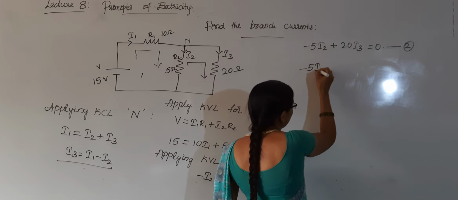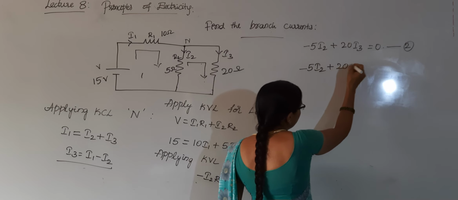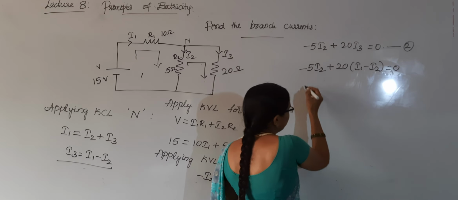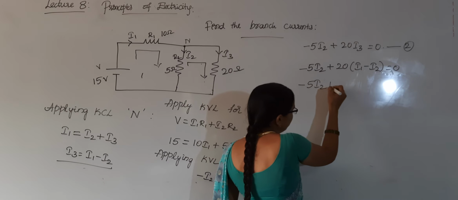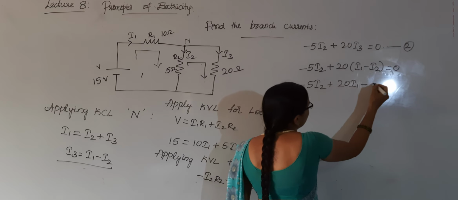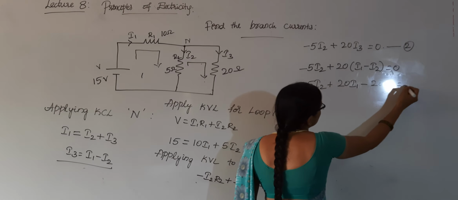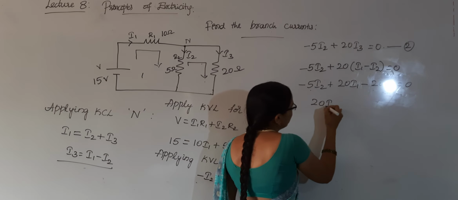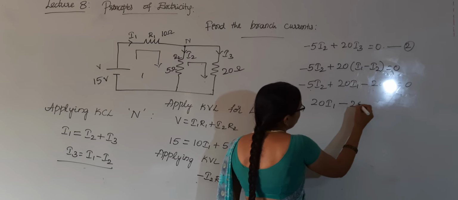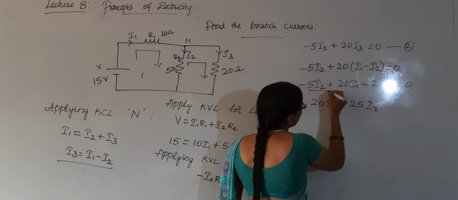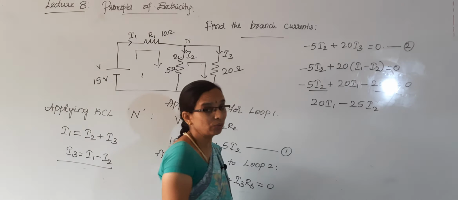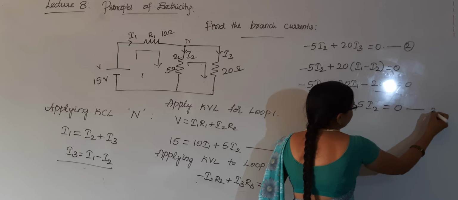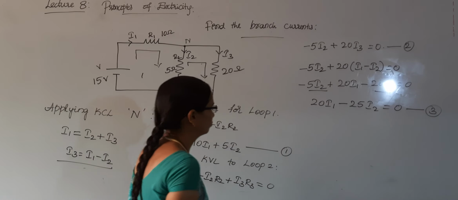That is minus 5 I2 plus 20 into I1 minus I2 is equal to 0. I can write minus 5 I2 plus 20 I1 minus 20 I2 is equal to 0. So this will become 20 I1 minus 25 I2. I2 is common here. Same as your XYZ, I have taken I1, I2, I3. Call this equation 3.